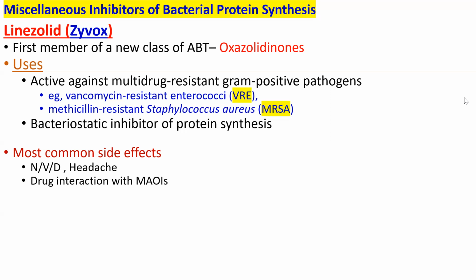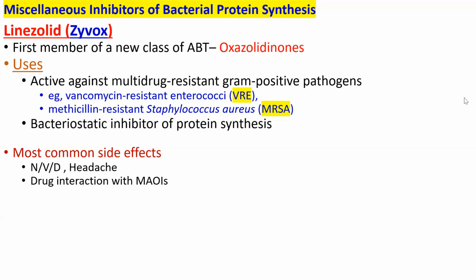Cross resistance with other agents is unlikely; it's very rare to have cross resistance with other agents. Zyvox, or linezolid, is very active against the aerobic and anaerobic gram-positive bacteria, and very effective also for VRE and MRSA.